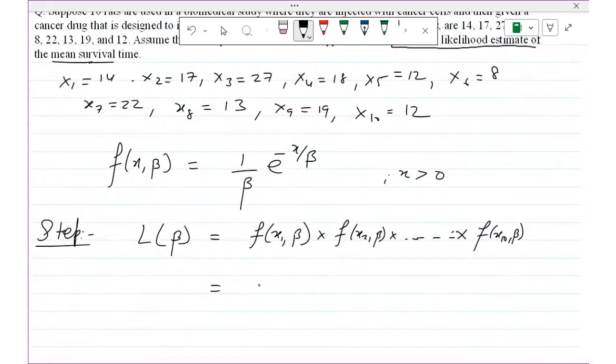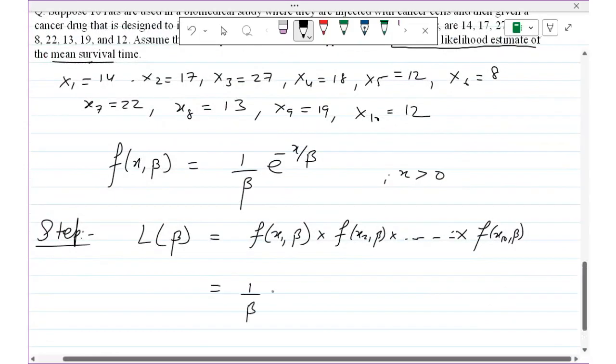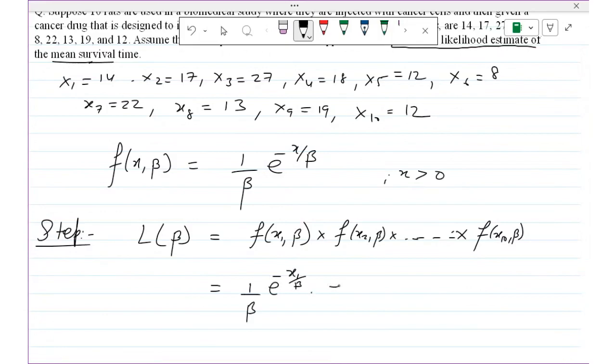So 1 upon beta e power minus x1 divided by beta, into 1 upon beta e power minus x2 divided by beta, and so on. In the end, 1 upon beta e power minus x10 divided by beta.